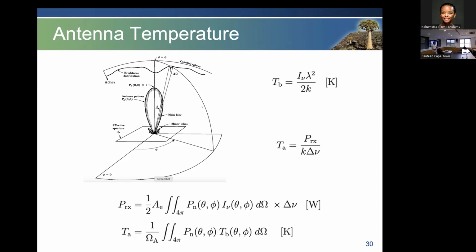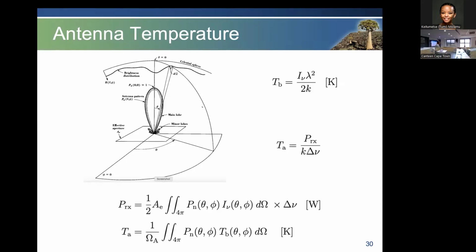Then the power is proportional to the effective aperture. That's kind of obvious. The bigger the antenna is, the more power we're going to get. And that's why we build big antennas. And then it's the integral of the beam in the sky multiplied by the intensity in the sky, so like a weighted average of the sky, multiplied by bandwidth.